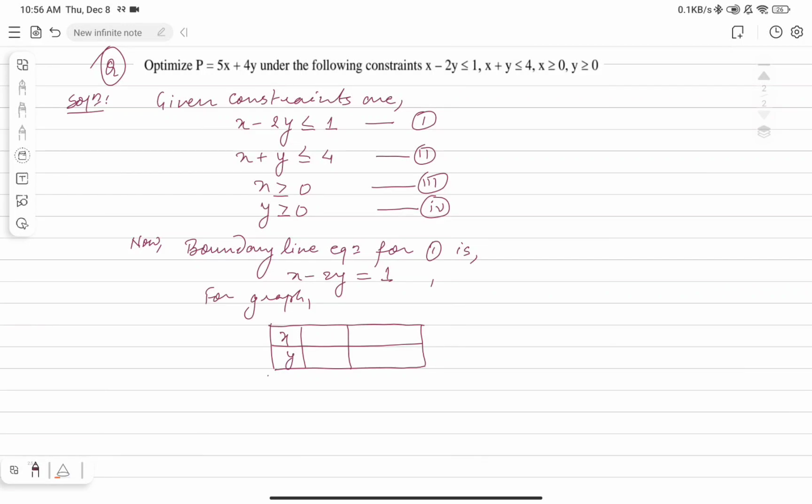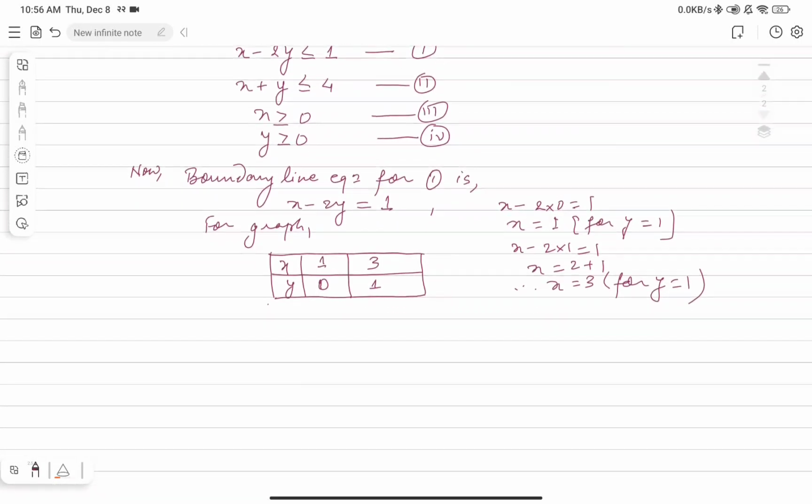Let's put y equals 0 first, and the corresponding value of x for y equals 0 is 1. Now we got our first point, (1, 0). For the next point, let's put y equal to 1, and the corresponding value of x will be 3. So now we have 2 points and we can plot the straight line.